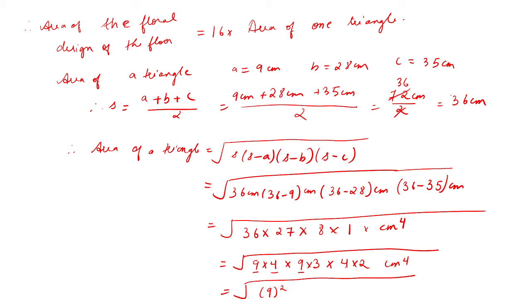Now 4 and 4, can I write it as 4 square? And finally you're left with 3 into 2, you can directly write as 6. So centimeter square, the whole thing square. You cancel out 4 square, 9 square, and centimeter square. So you'll be left with 9 into 4 of root 6 centimeter square. So this becomes 36 root 6 centimeter square.